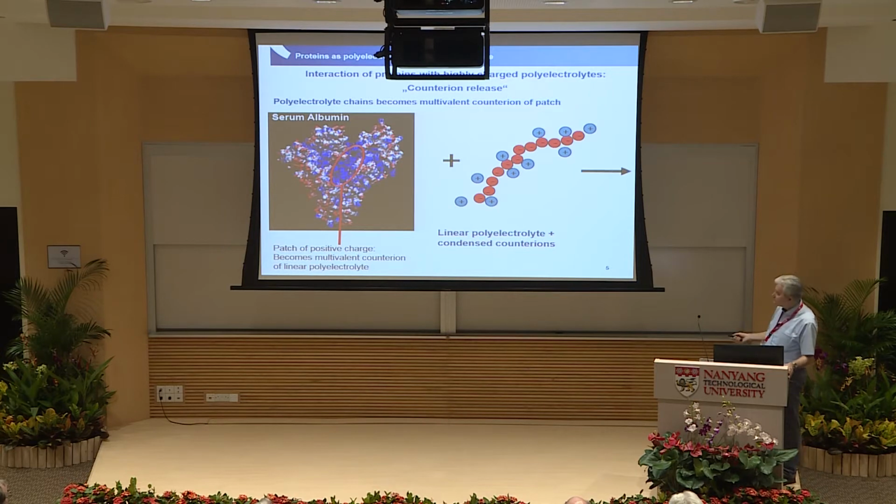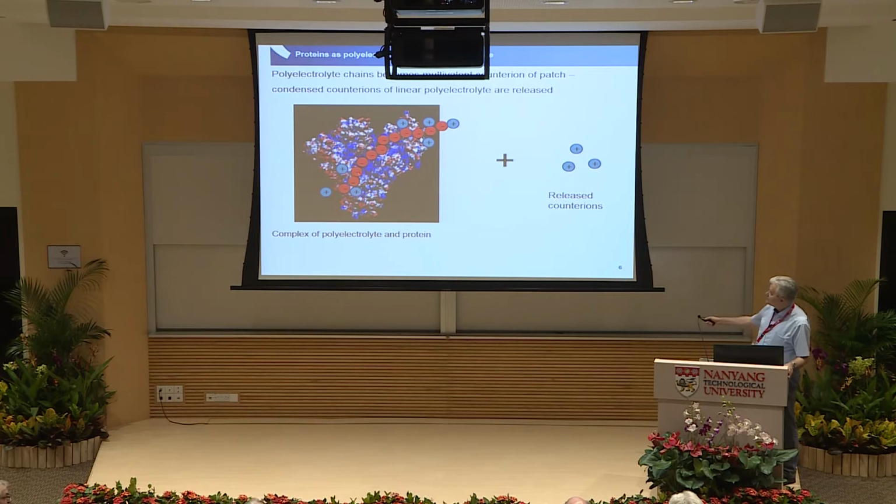And then it's evident that this polyelectrolyte can be hooked on. So the patch becomes a multivalent counter ion for this polyelectrolyte, and a part of these counter ions are released. So you gain a lot of entropy in your system by releasing these counter ions. So it's a strong driving force for formation of the complex.